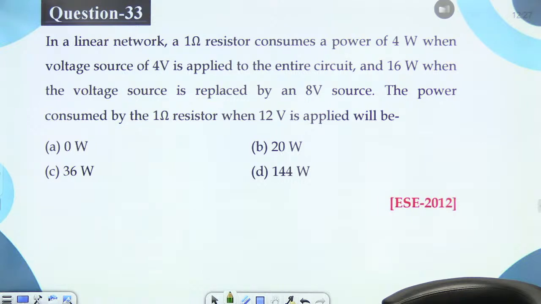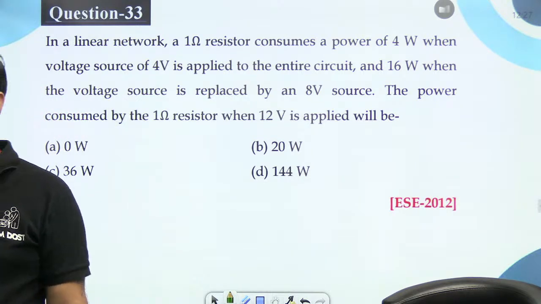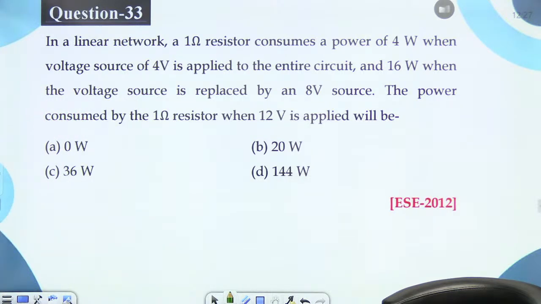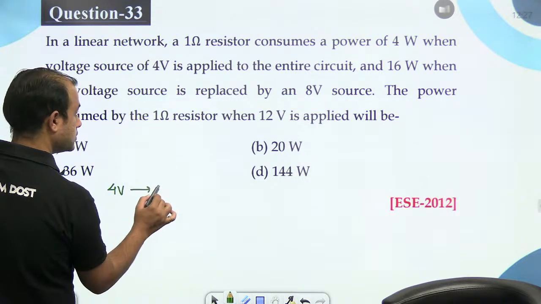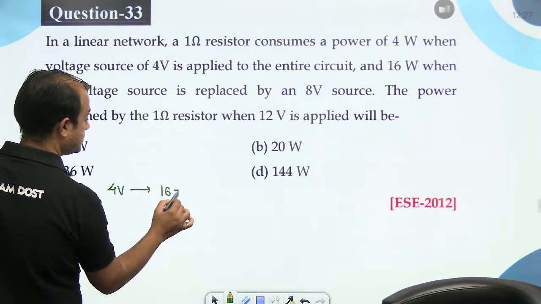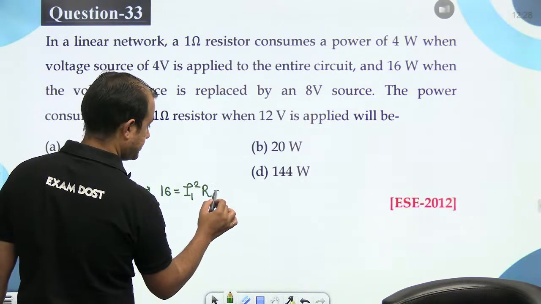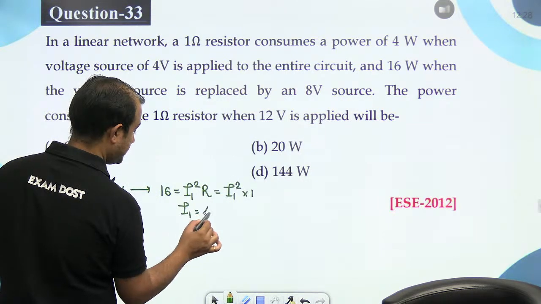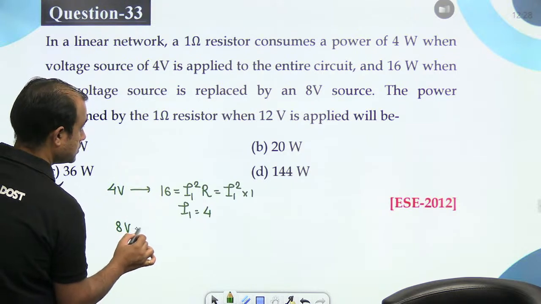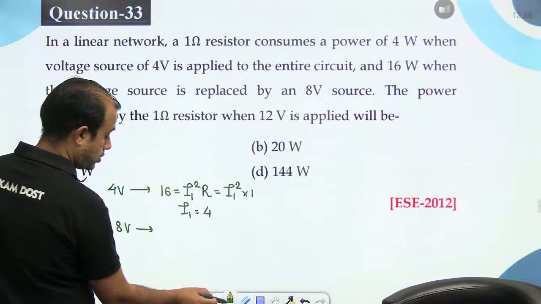Tell me. At 4 volt power is 16. I1 is 4 ampere. Eight volt. Sorry, 4 watt.